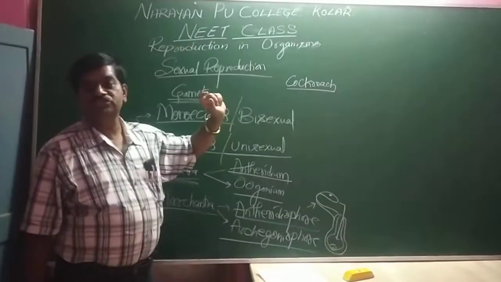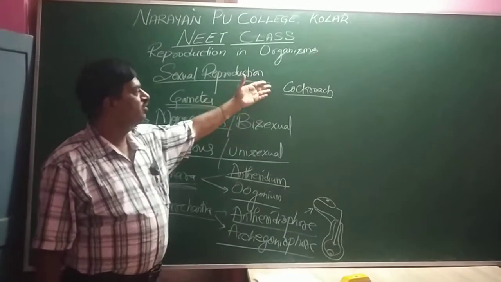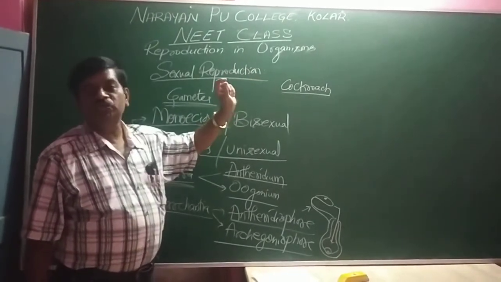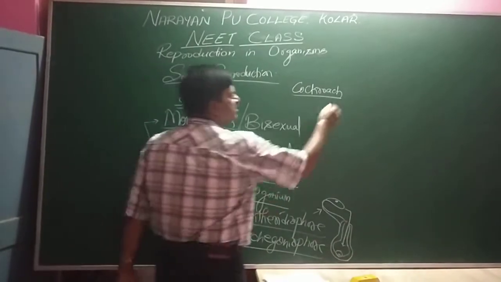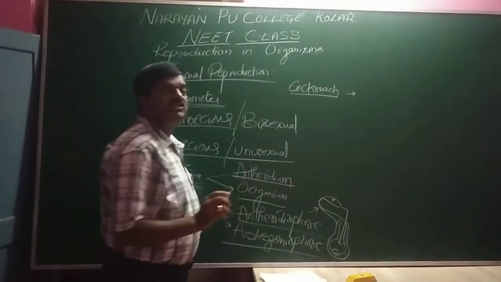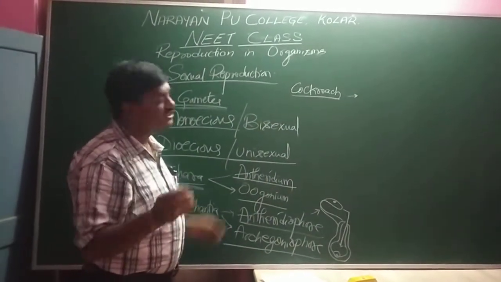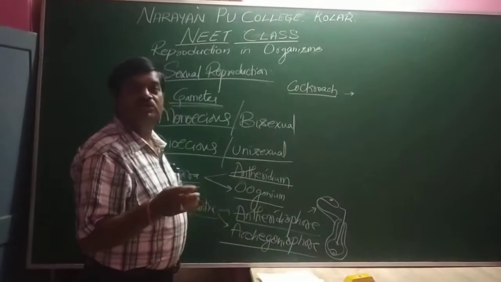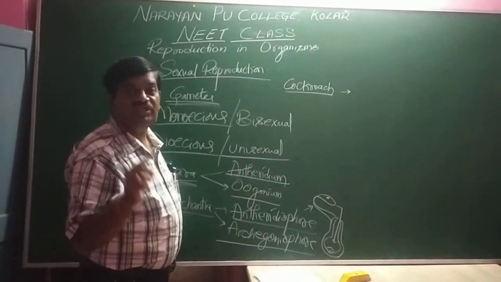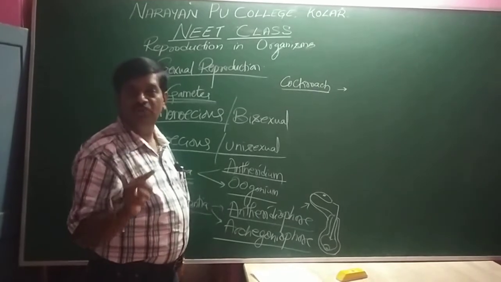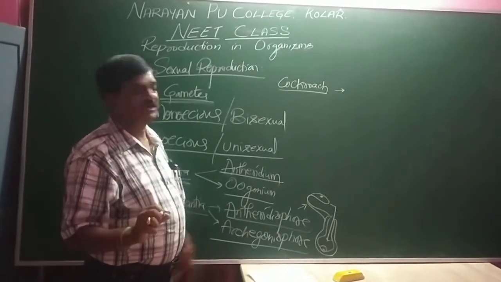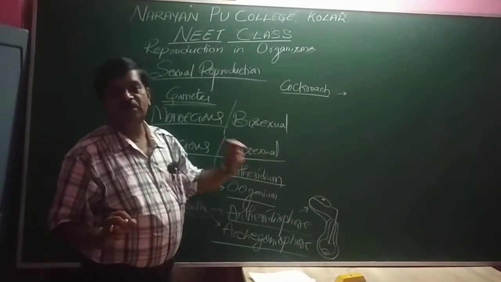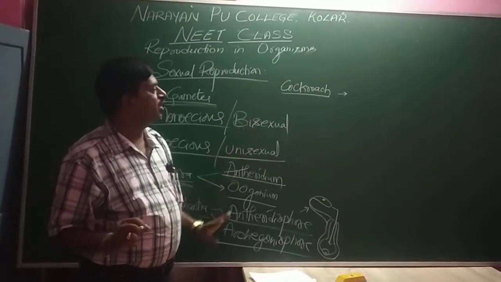Hence, cockroach is sexually dimorphic. The male cockroach has anal styles and produces male gametes, whereas the female cockroach has a broader abdomen, with the 8th and 9th segments fused and the 10th segment separate. Here in the female cockroach, the female gametes are produced.